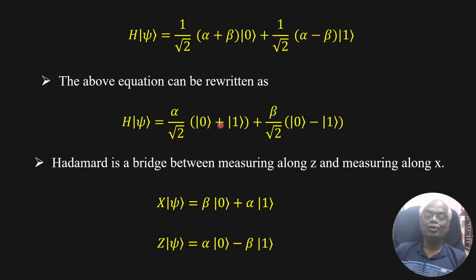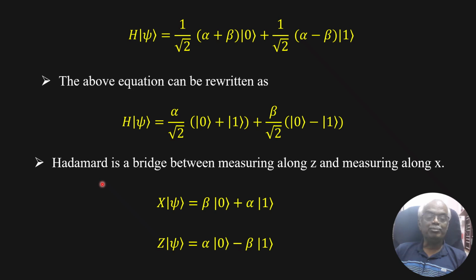So you will get ket 0 plus ket 1. Similarly, you combine the beta term. Beta times 1 over square root 2 here, beta times square root 2, you will get ket 0. Here you have negative sign, minus ket 1.